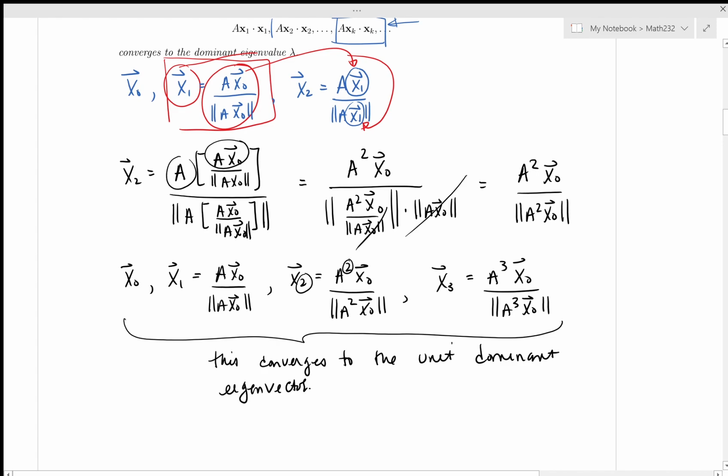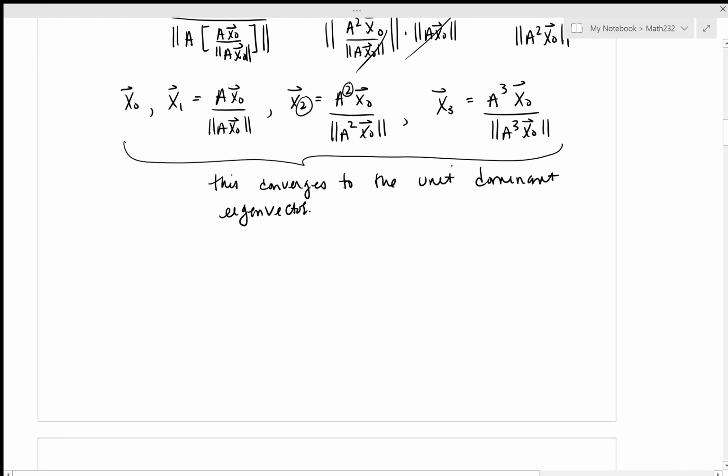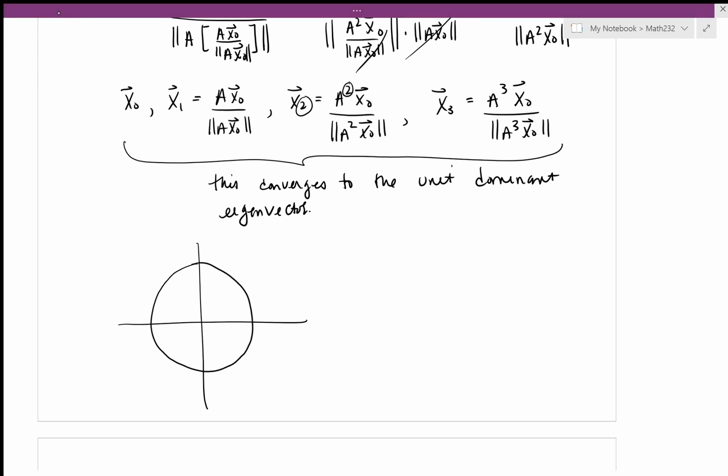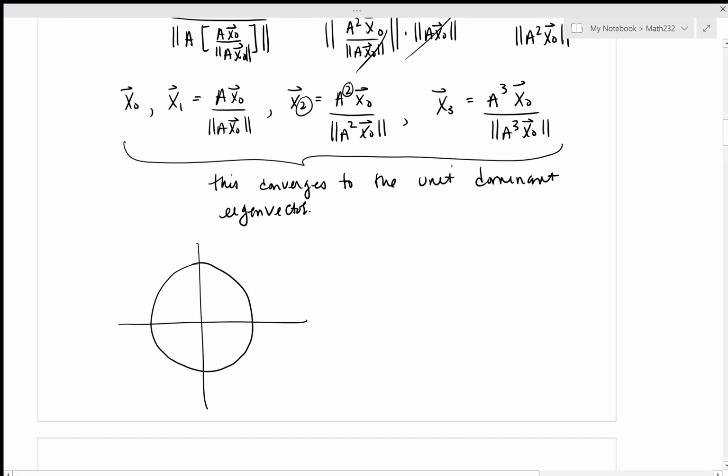Okay, all right, so let us look at a little picture of what's happening here. We're dealing with unit vectors because we normalize at each step. So we're in R2, and the vectors are therefore on the unit circle. We have a 2 by 2 matrix here.